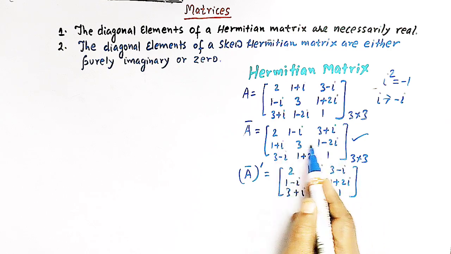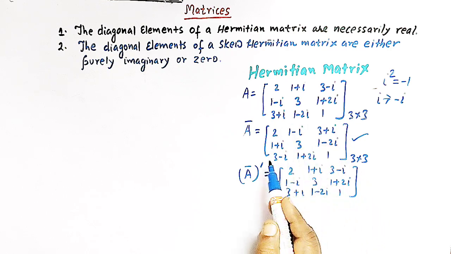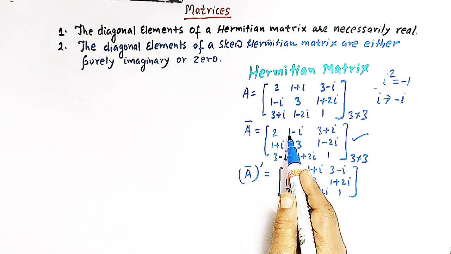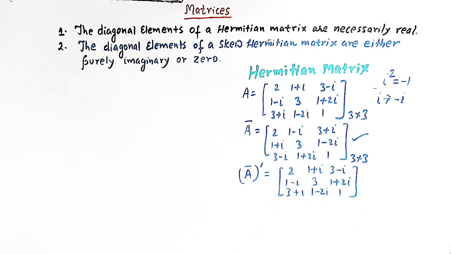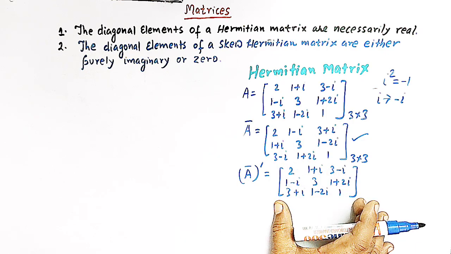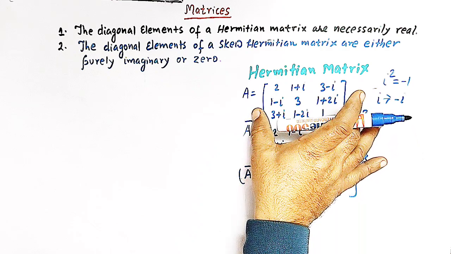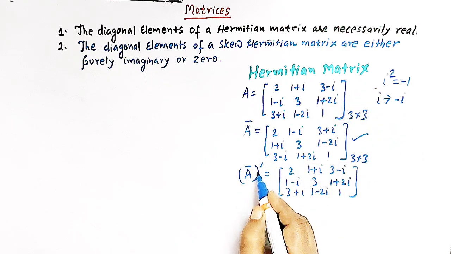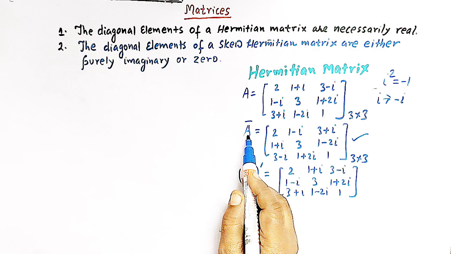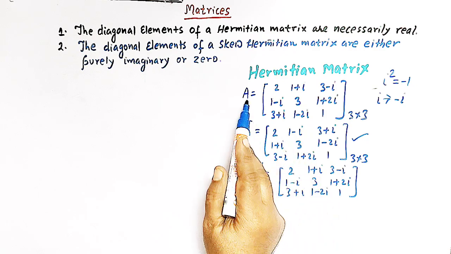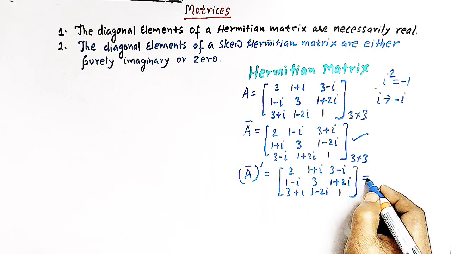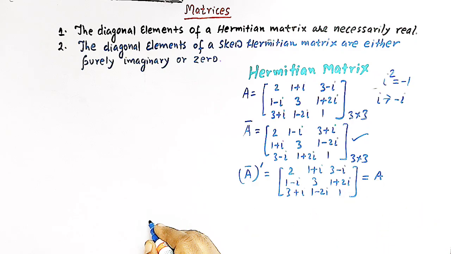To get the transpose, we have interchanged the rows by columns, and now we can see that this matrix is equal to the original, that is, the transpose of the complex conjugate of matrix A is equal to the matrix itself.